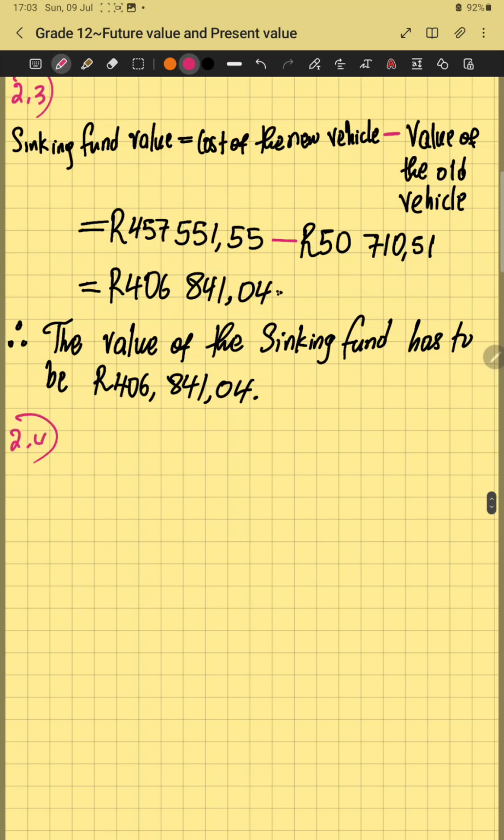So then how do we go about working out this question? Remember, we can just do this in the form of a timeline. Okay, now I'm going to say 5 times 12 means that it's going to be 60. That means it's going to be 60 deposits, okay, 60 deposits made in 5 years.